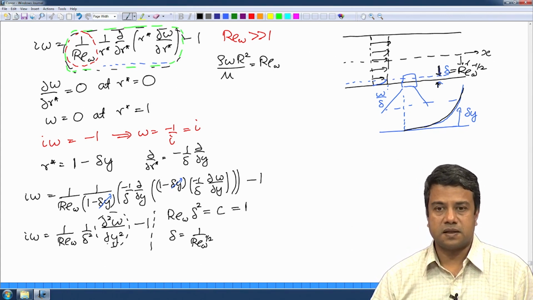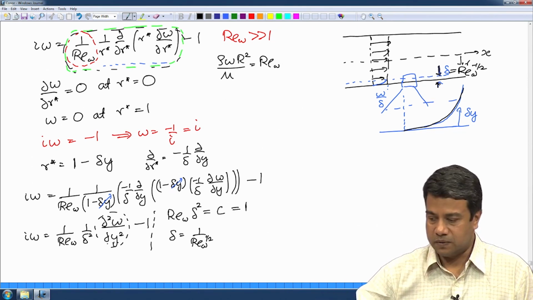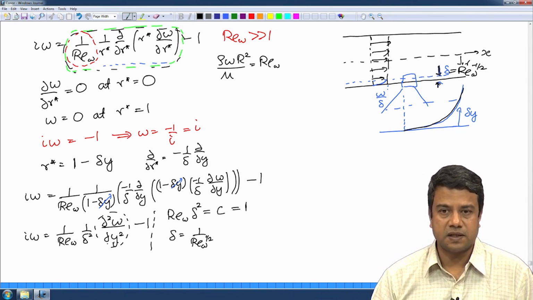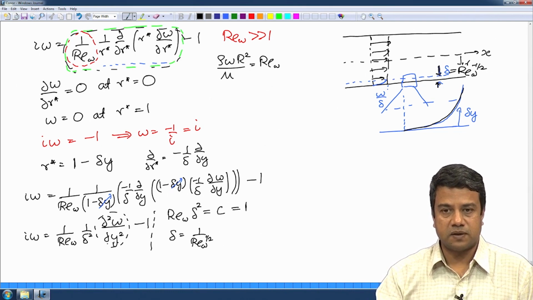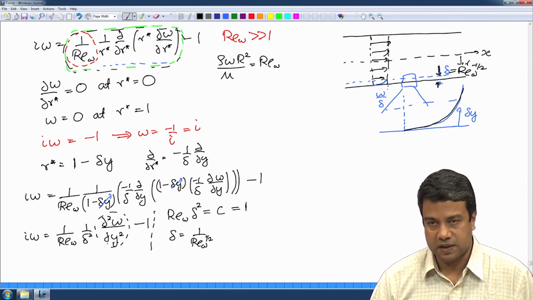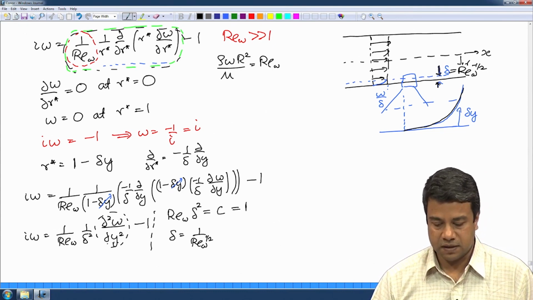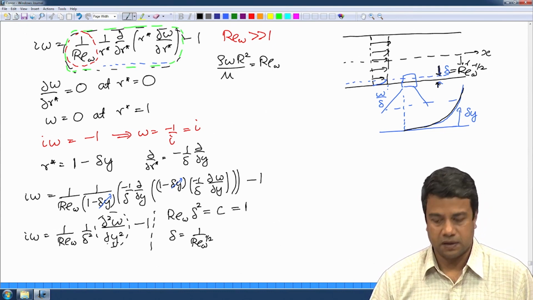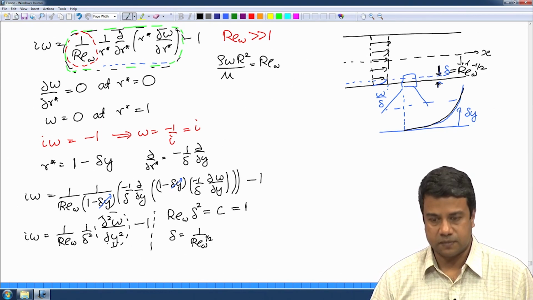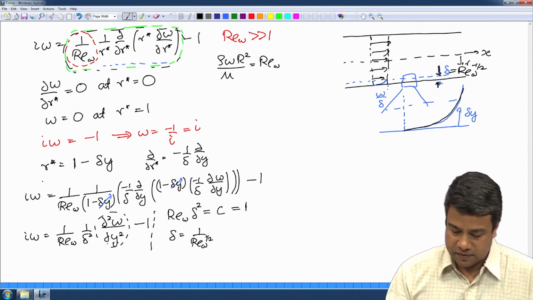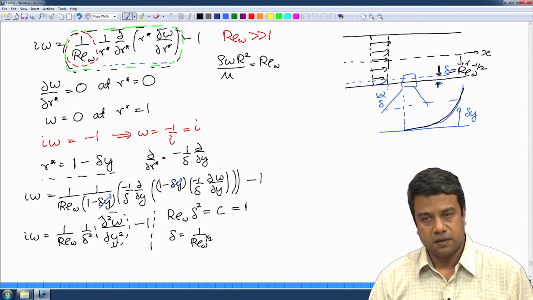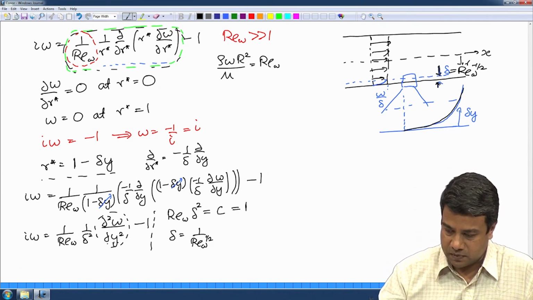So, that is the scaling: the length scale over which the velocity increases from 0 at the wall to the free stream velocity. That distance decreases in such a way that the inertial and the viscous terms are comparable even in the limit of high Reynolds number. To find that, we had scaled the distance from the wall. The radius at the wall is 1.